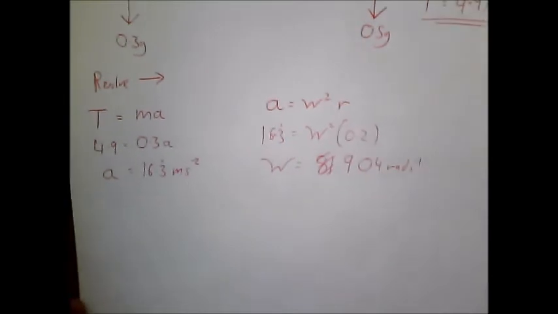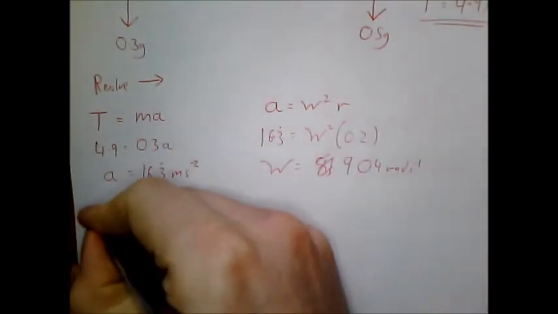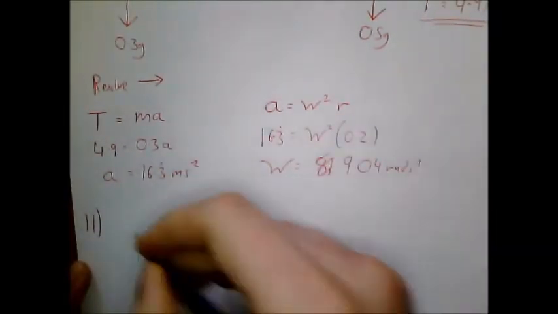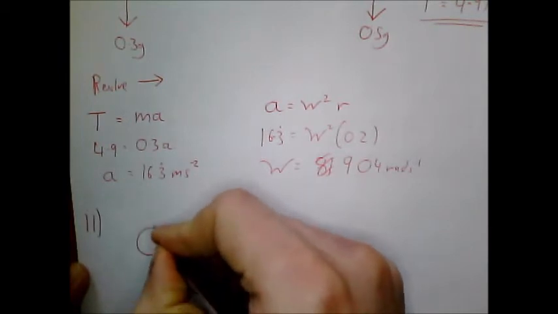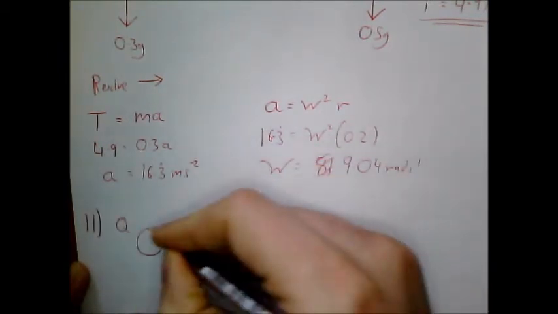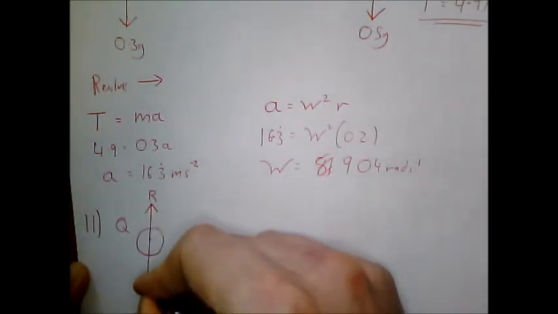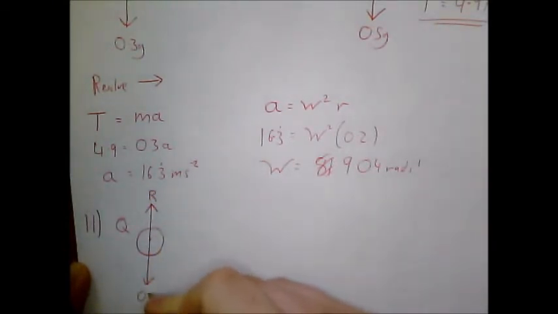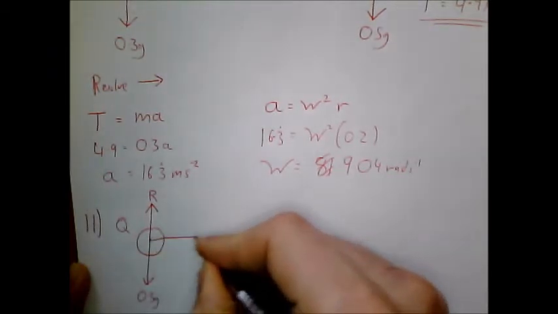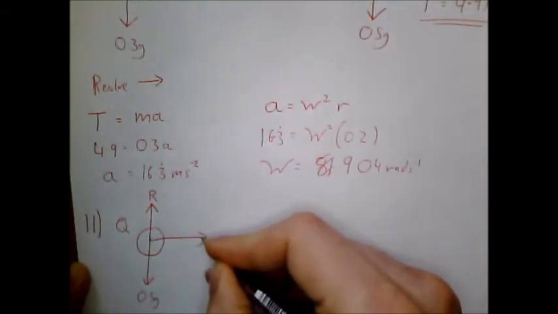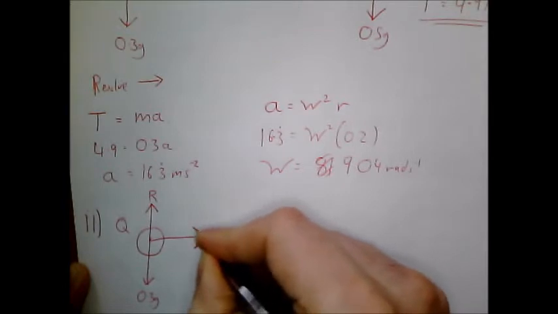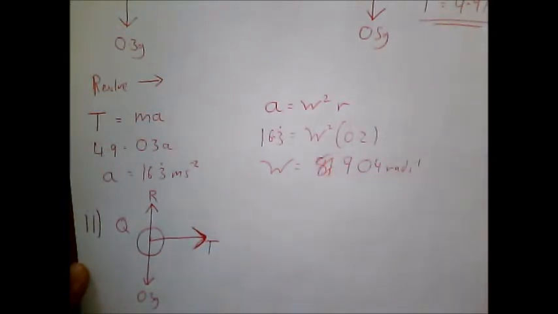So, for part 2, we're going to need some new force diagrams. Particle Q still has a reaction force, still has its weight, 0.3 g, and there's still a tension in the string. But this one is not accelerating.